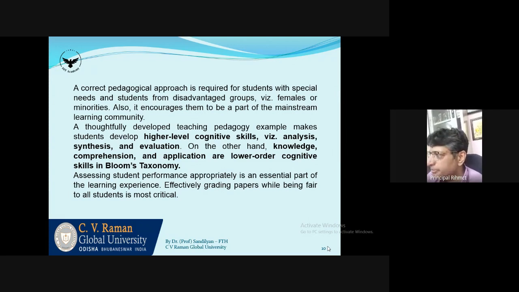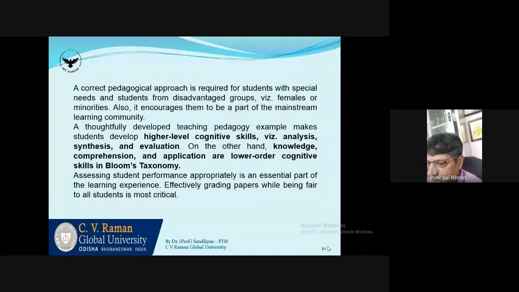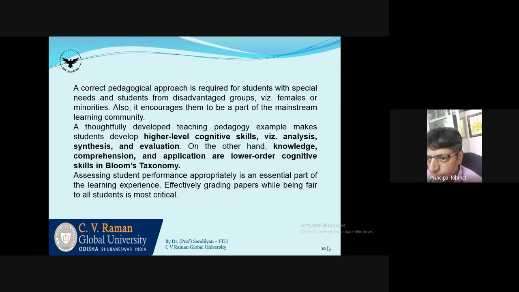The examples make students develop higher cognitive skills. They are able to analyze, they are able to synthesize and evaluate. They create knowledge, their comprehension improves. But we should understand that the aim of teaching pedagogy is always to move from lower order thinking to the middle order to the higher order.